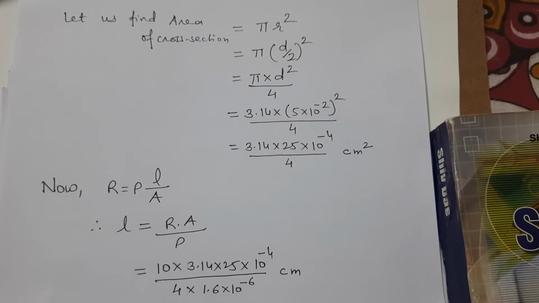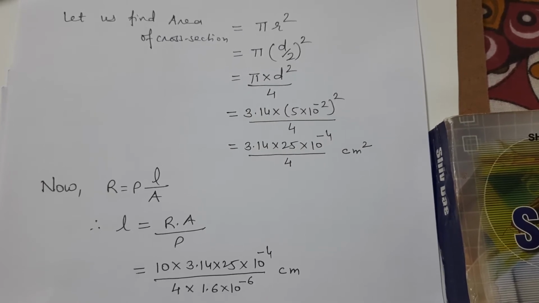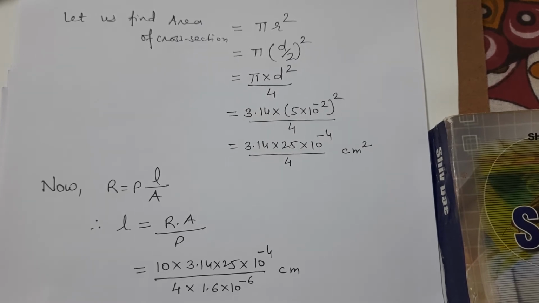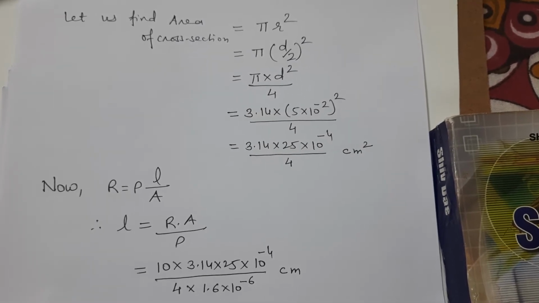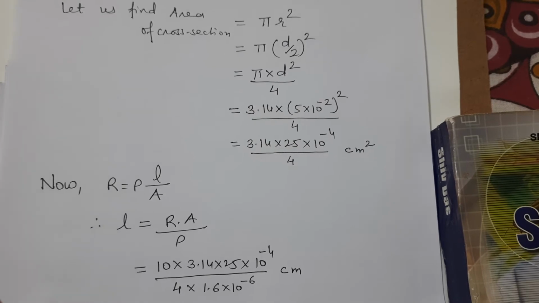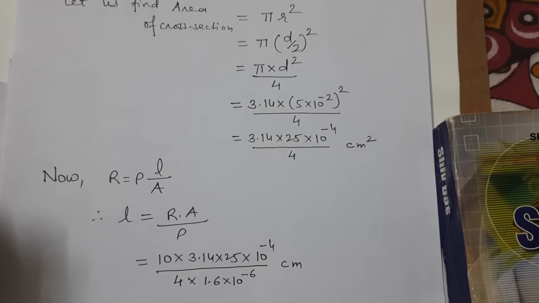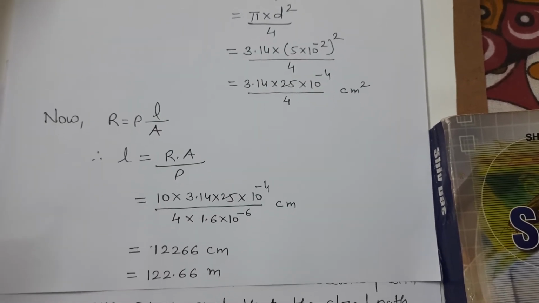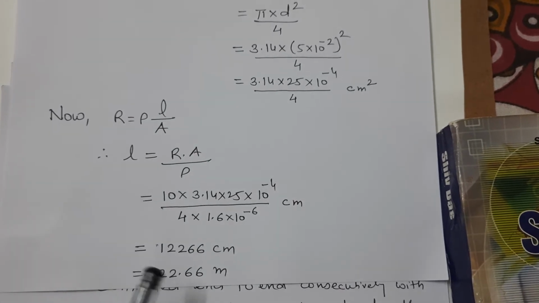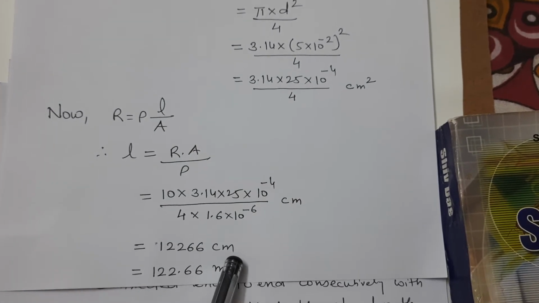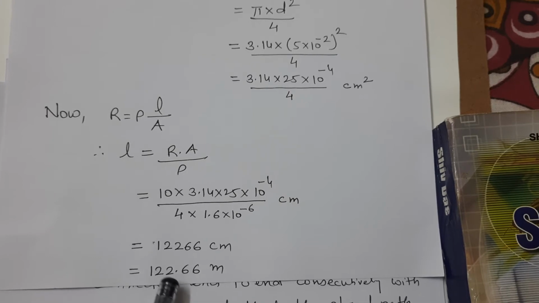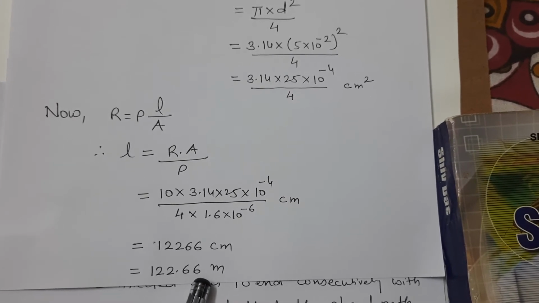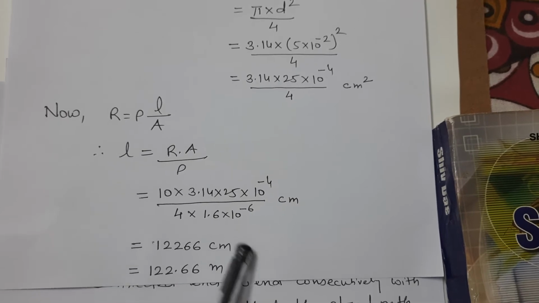Resistivity of the material is already given in the sum, 1.6 into 10 raised to minus 6. If we calculate this, the value comes out to be 12266 centimeter. If we convert it into meter, it is 122.66 meter. This much wire has to be prepared.